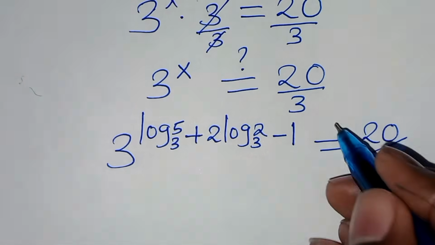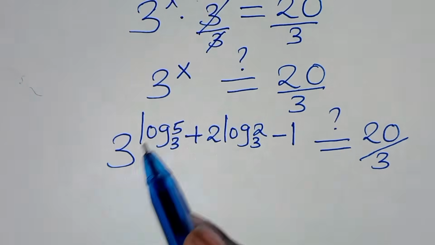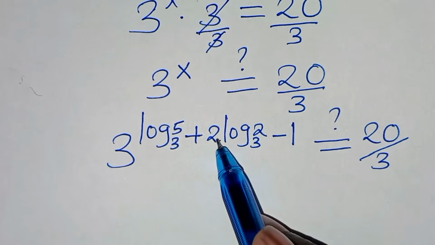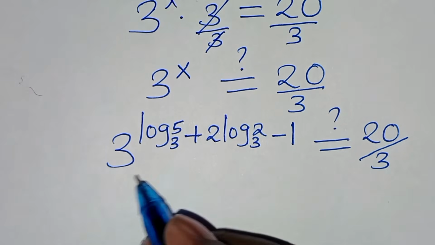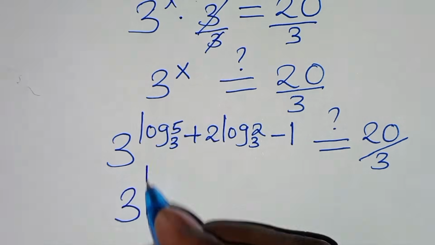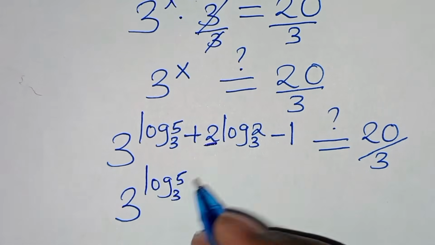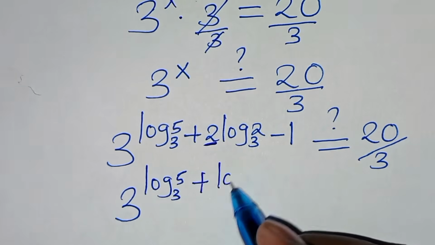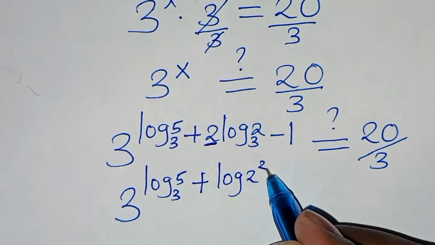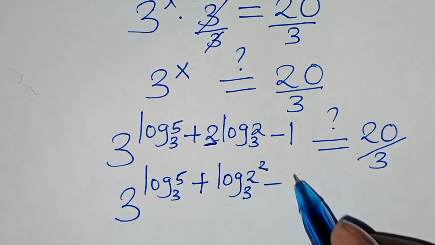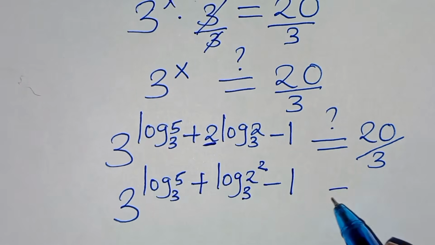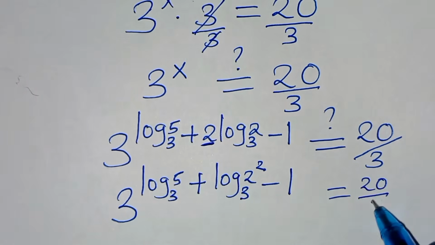We can express this as 3 to power log 5 to base 3 plus log 2 to power 2 to base 3, subtract 1.